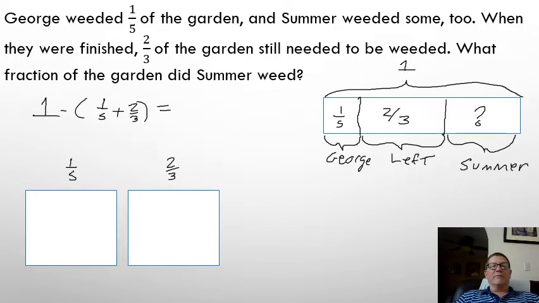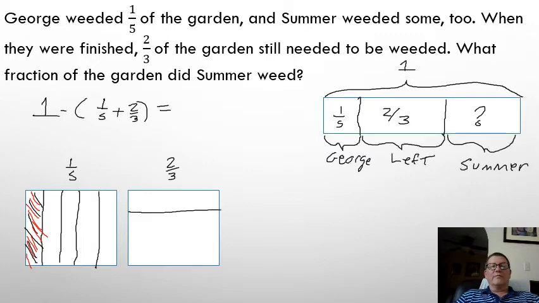So I'm going to take my fifths. There's 1, 2, 3, 4, 5, and I'm going to shade in 1/5. Actually, let me get a different color and shade that in. Now I'm going to come over and I'm going to make my 2/3. Now I'm going to shade in my 2/3.